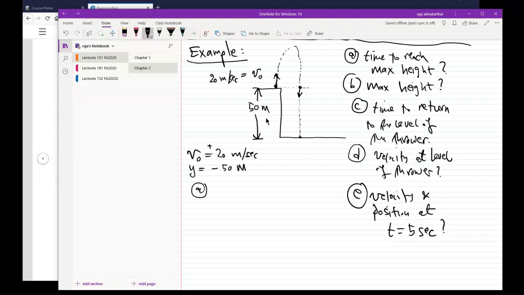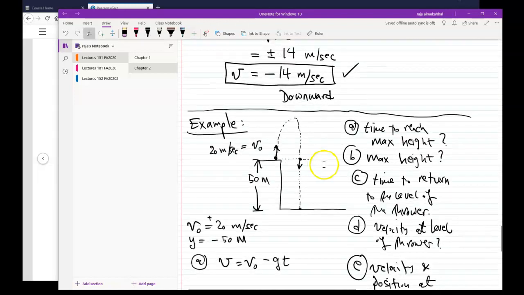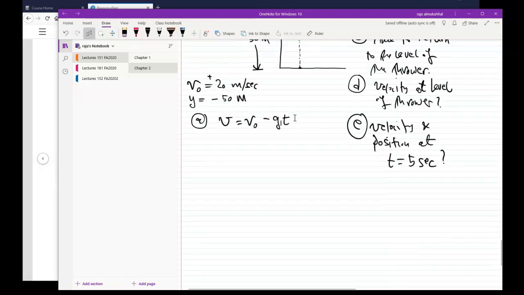For the first part, I can use the first kinematic equation, V equals V naught minus GT. Now here is a question for you. What's the velocity of the object at the summit right here? Well, it stopped, right? It stopped and then it returned back. So the velocity here would be 0, right?